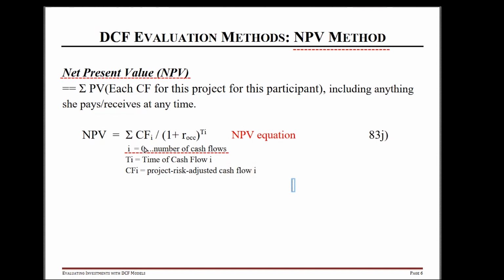This ensures that we capture any cash flow at t equals 0. t sub i is still the time of cash flow i, and CF sub i is our project risk adjusted cash flow i. So very similar to our PV total equation, but we're just moving our index start point to 0 to make sure we capture every stinking cash flow. And now, of course, we're also using a proper algebraic sign convention here.